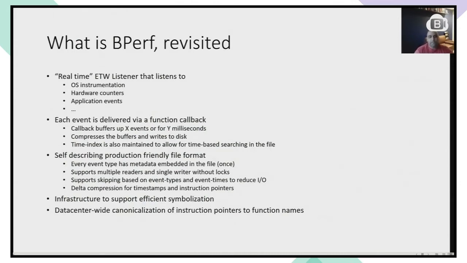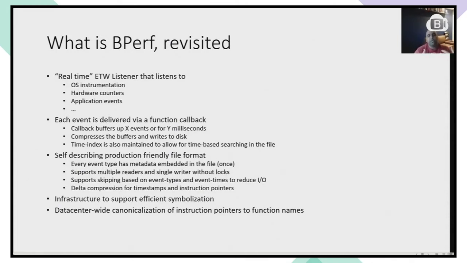The self-describing part of it is also very important, where the schema of the events is part of the event stream, and it always appears before the first event of that schema is ever encountered in the stream. This allows you to have a self-describing decoder that just needs that specific file of data that you're looking at and can be essentially analyzed anywhere in the cloud, on different operating systems, without any specific thing tying you to that particular version of a particular build of Windows.